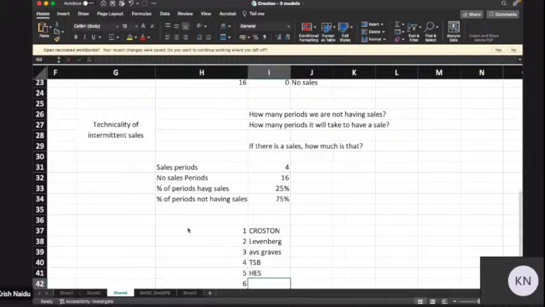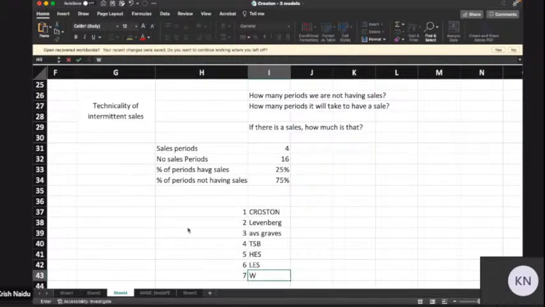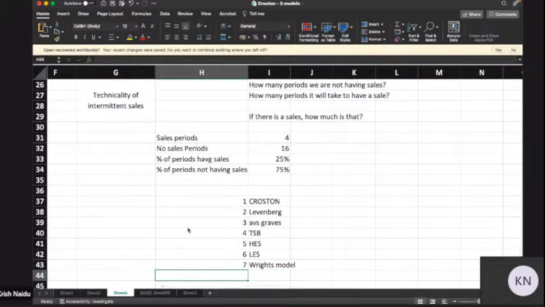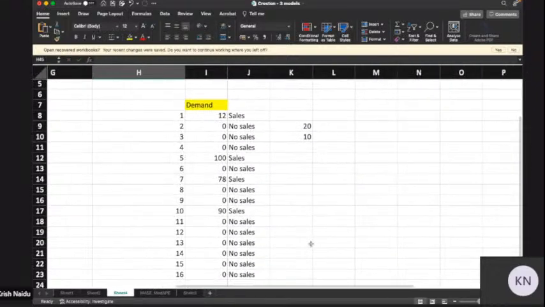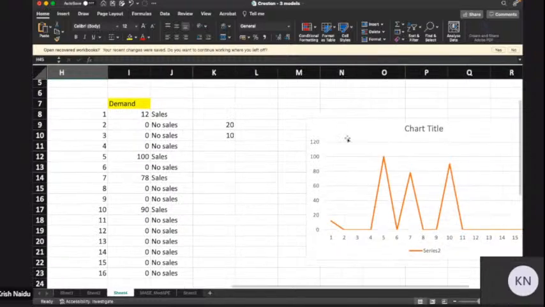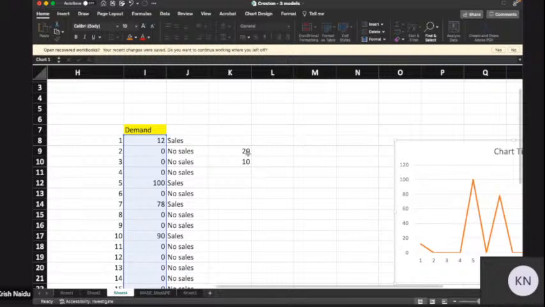We can use the linear exponential smoothing model. We can use the Wright model. There are many models available for forecasting intermittent products, so let us see a few models and try to understand their forecasting efficacy.